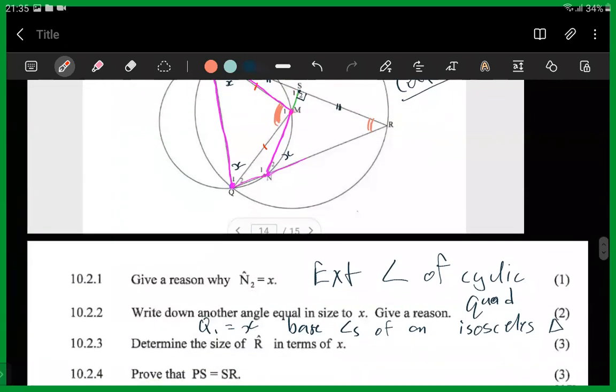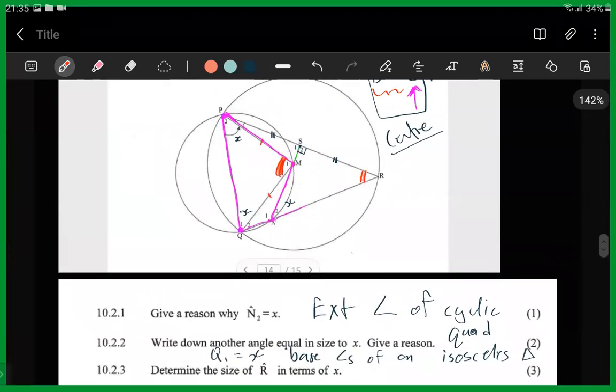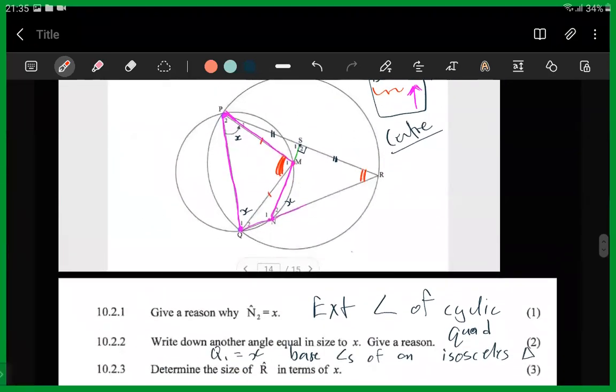Yeah, so the next question now, determine the size of R in terms of X. What can we do? Because remember we said this is double that. So R is 2x because the angle at the center is 2 times the angle at the circumference. Well, remember, I think you know what you want to say, but you're just rushing it.